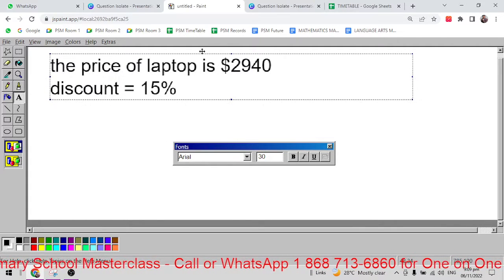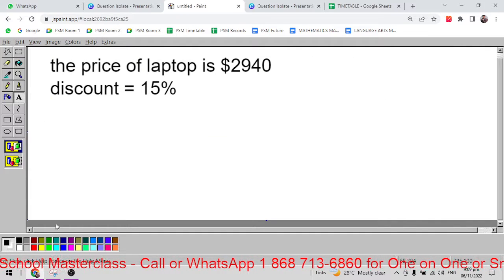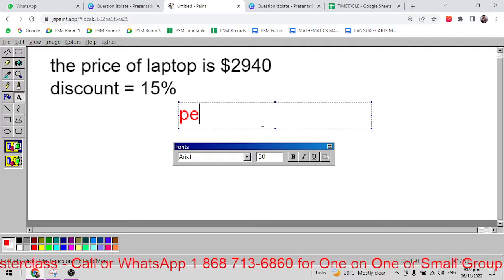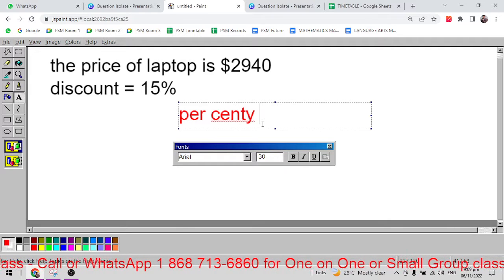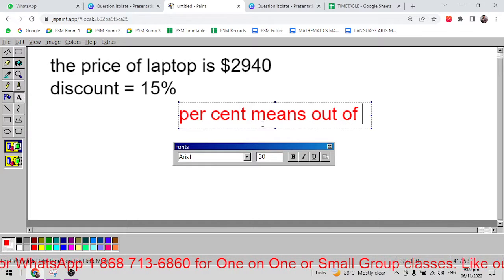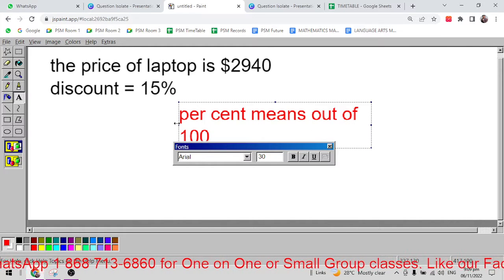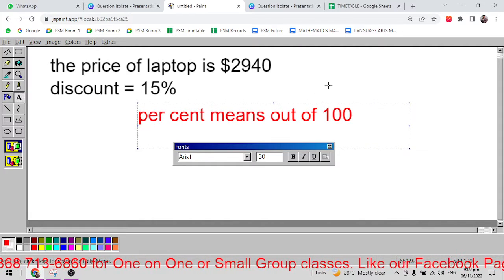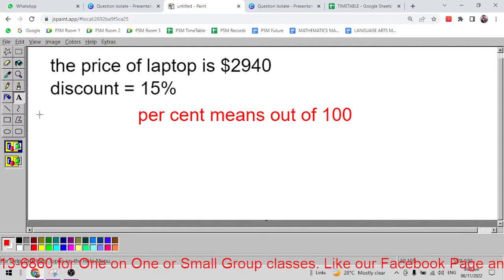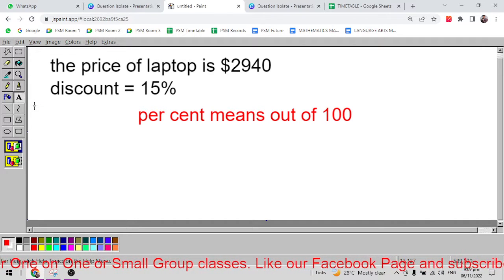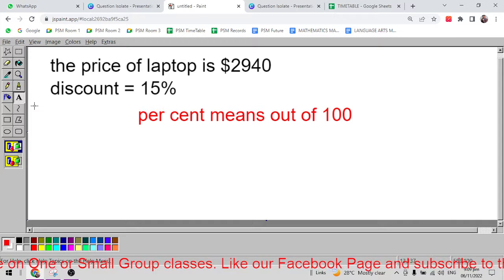I want you guys to understand, remember, I did this in a previous video: percent means out of 100. Anytime you're dealing with something, 100% means everything, the whole thing.